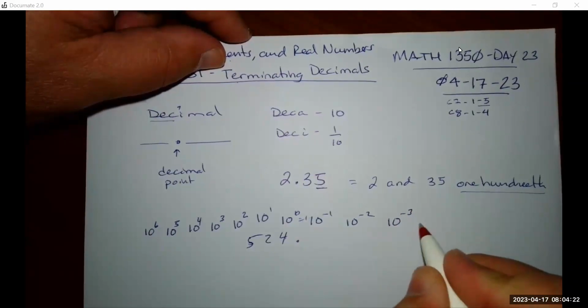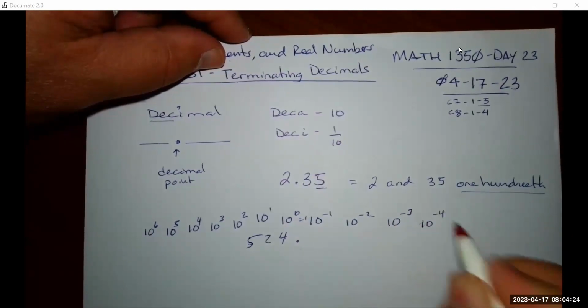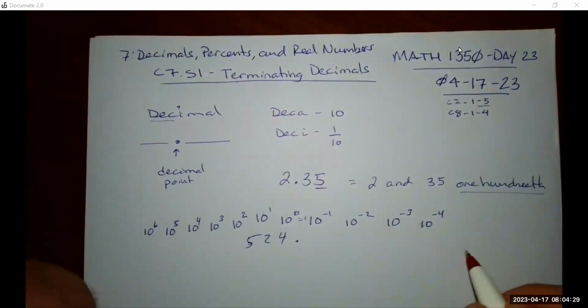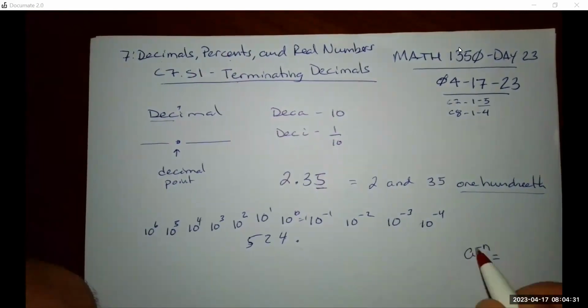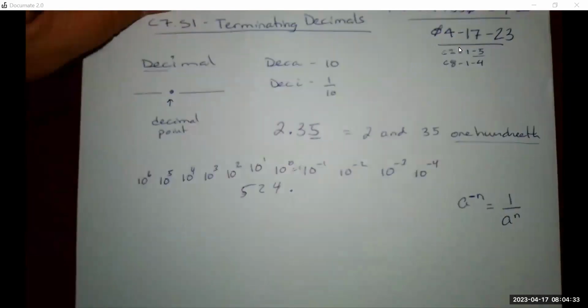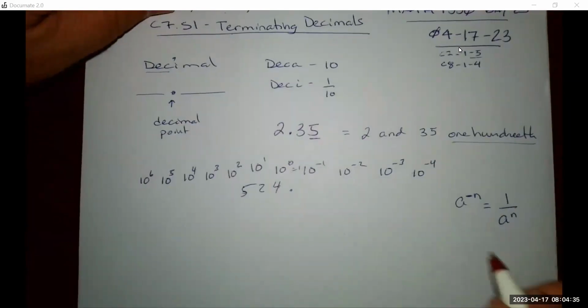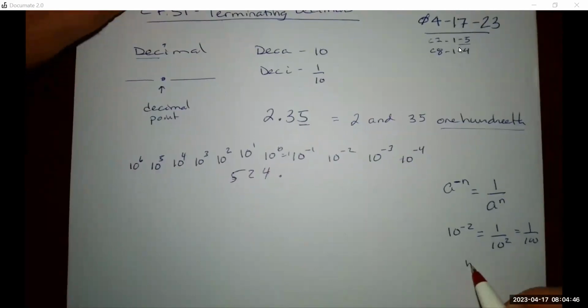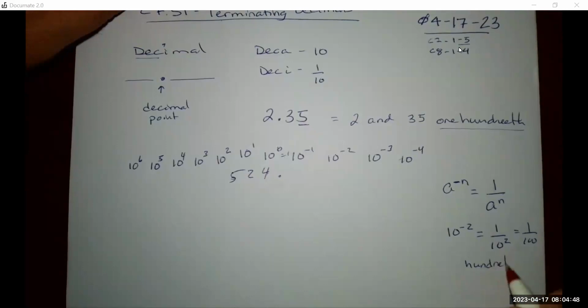In mathematics, a negative exponent simply means move the position of that number and drop the negative. So if I have 10 to the -2, that's the same as 1 over 10 to the second, which is 1 over 100, which is called the 100th.